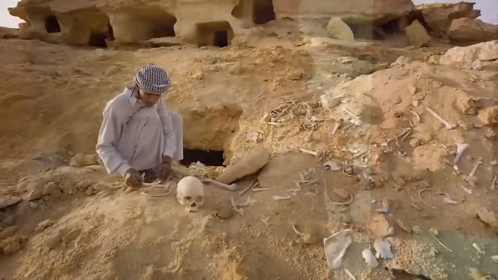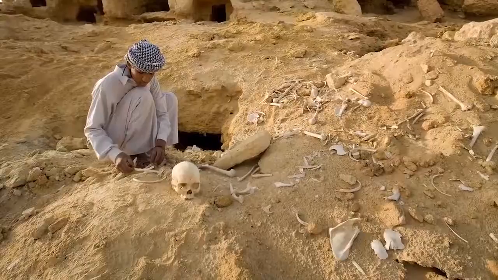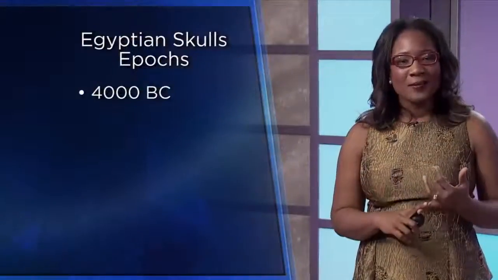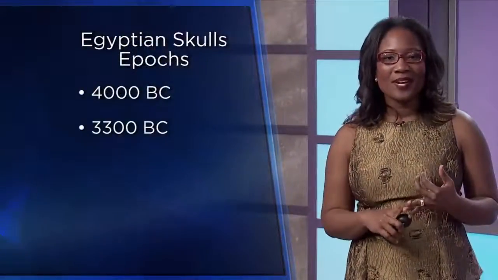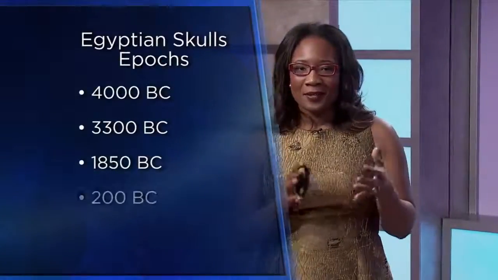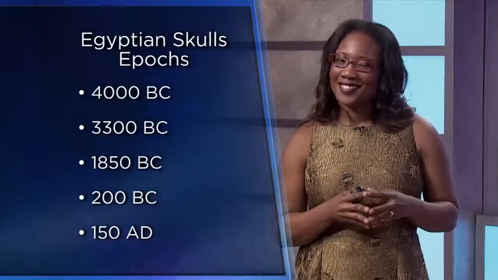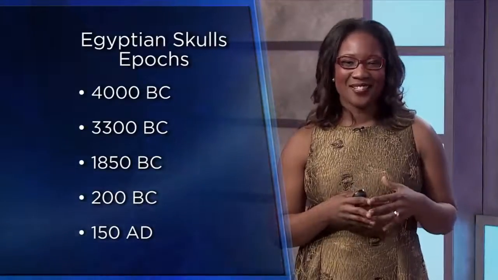Now R has a cool data set on skulls. And these are skulls that were found in Egypt belonging to 5 different epochs: 4000 BC, 3300 BC, 1850 BC, 200 BC, and 150 AD. I know you're excited to look at some skull data set.